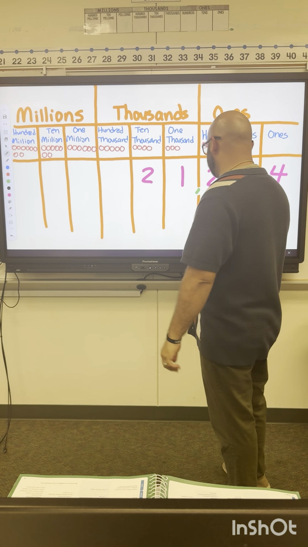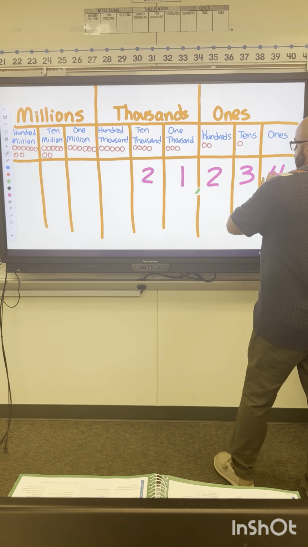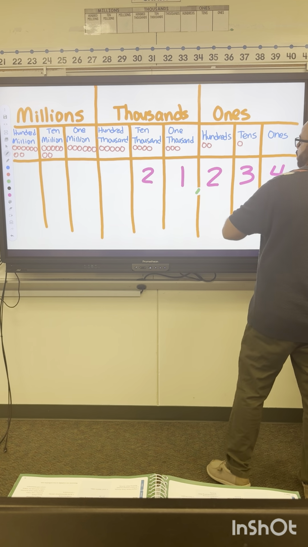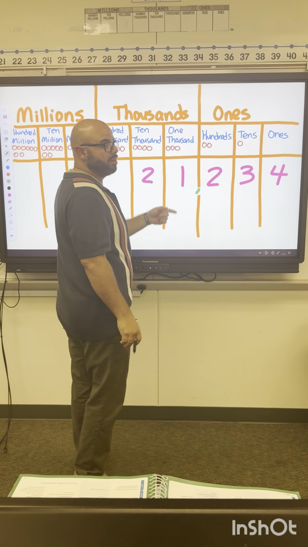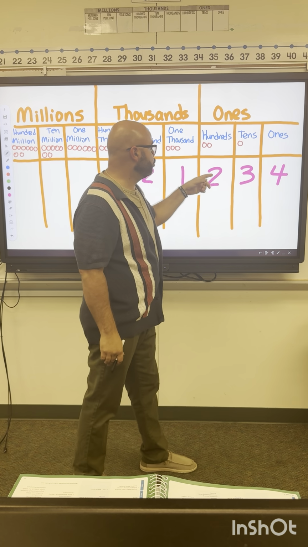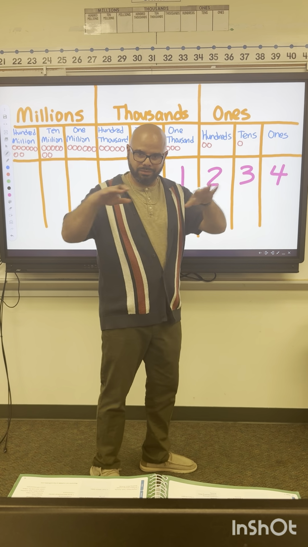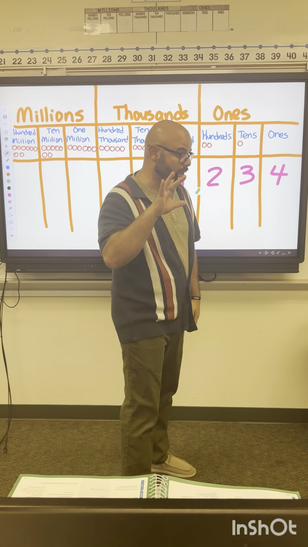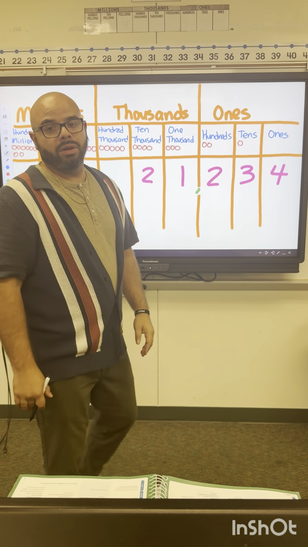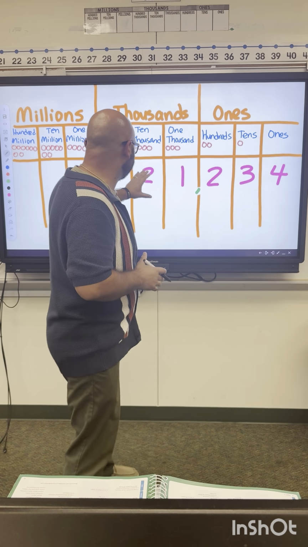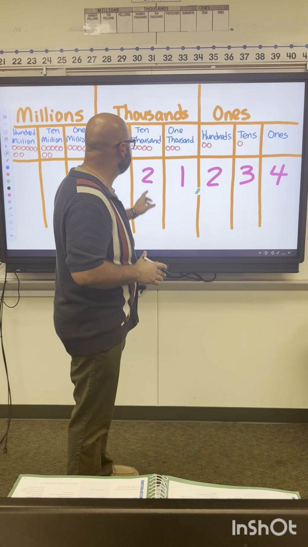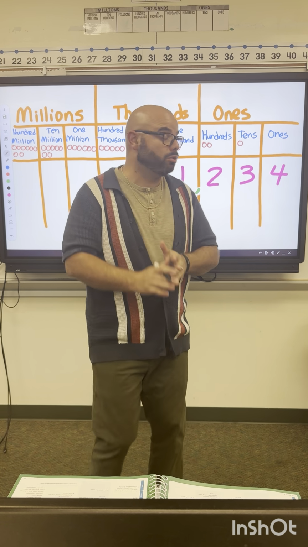Okay, so this is something that they're going to see. They're going to read this number. It is 21. That's the number within the family. Then you say the last name, thousand, 234. That's it. Okay, because the ones doesn't have a last name. So now, writing it in expanded form. Expanded form, again, is writing each digit according to its value.